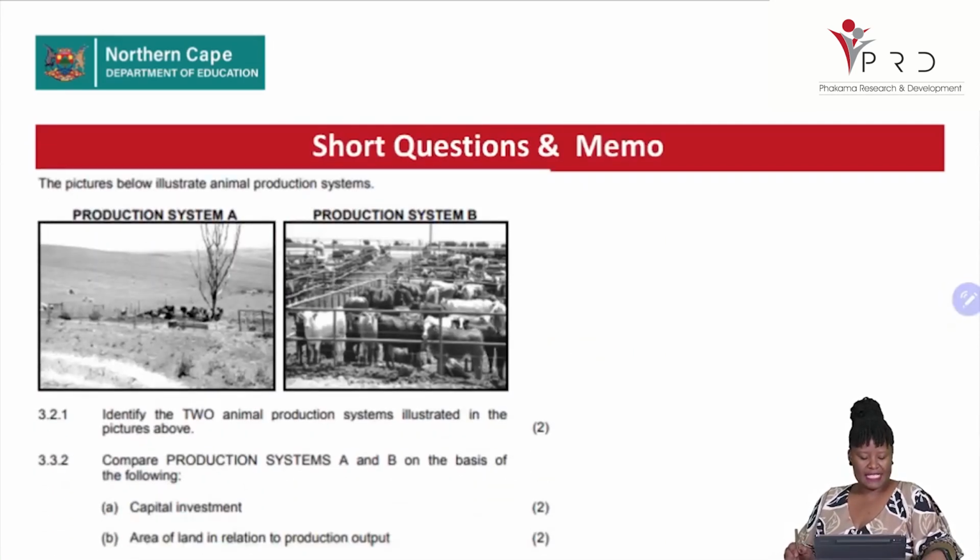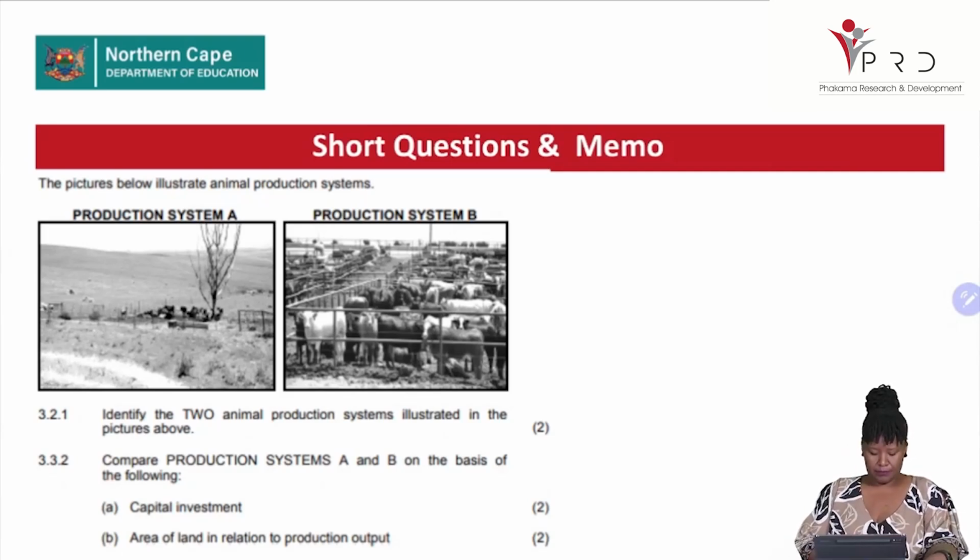Let's look at this question 3.2. The picture below illustrates animal production systems. You are given production system A and production system B. Production system A, you can tell a story about it. It's a large area.